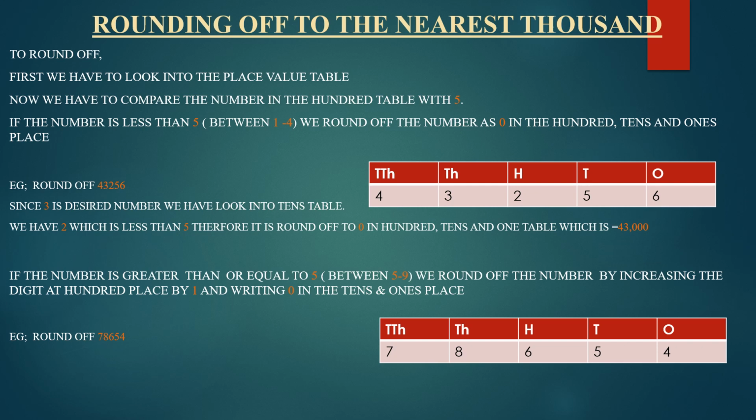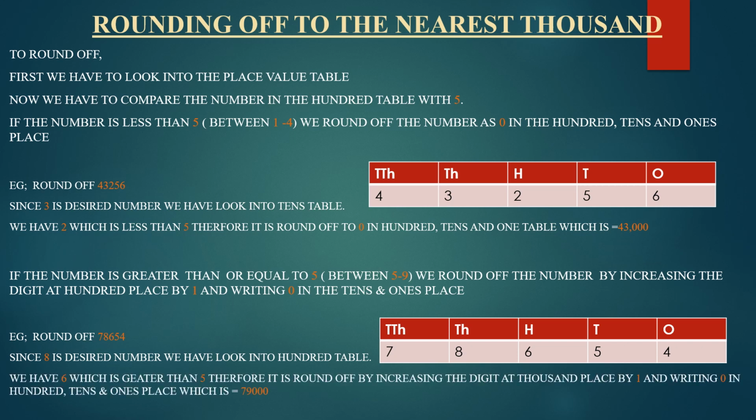And the thousands, ten thousands, hundreds, tens and ones columns have values. And the desired number we have to round off is 8. So we have to look into the hundreds place. Since 6 is greater than 5, we round off by increasing the digit in the thousands place by 1 and writing 0 in the hundreds, tens and ones places.